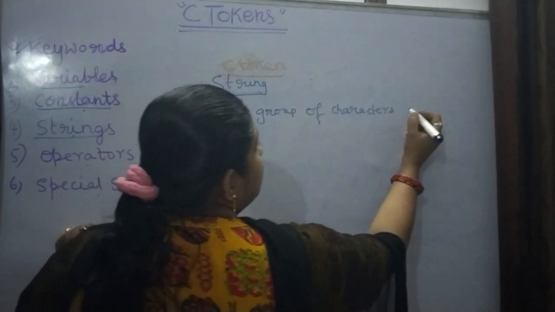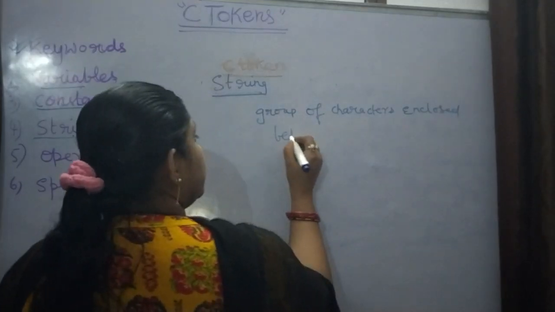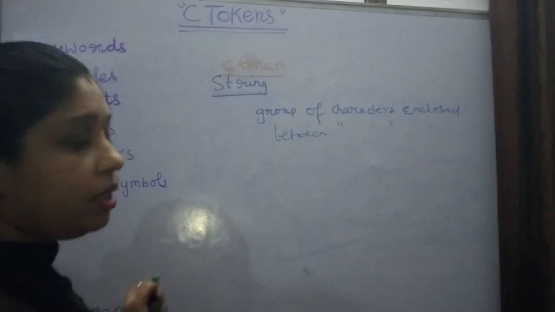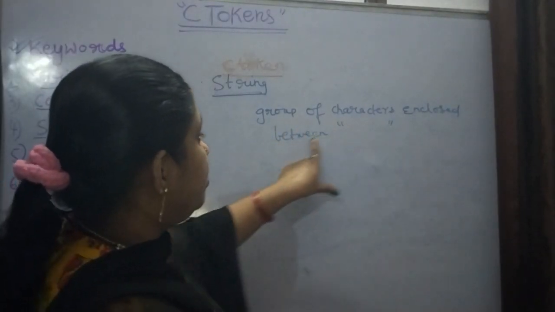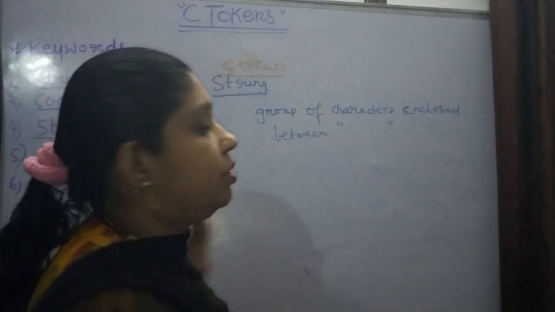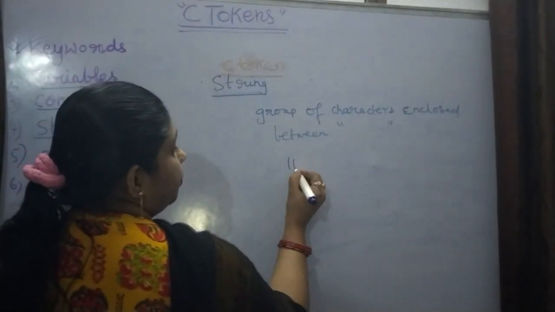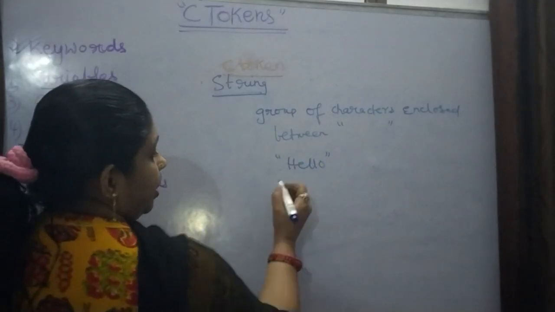A group of characters enclosed between double quotes. Okay, what is a string? String is a group of characters enclosed between two double quotes. For example, hello. This is a string.